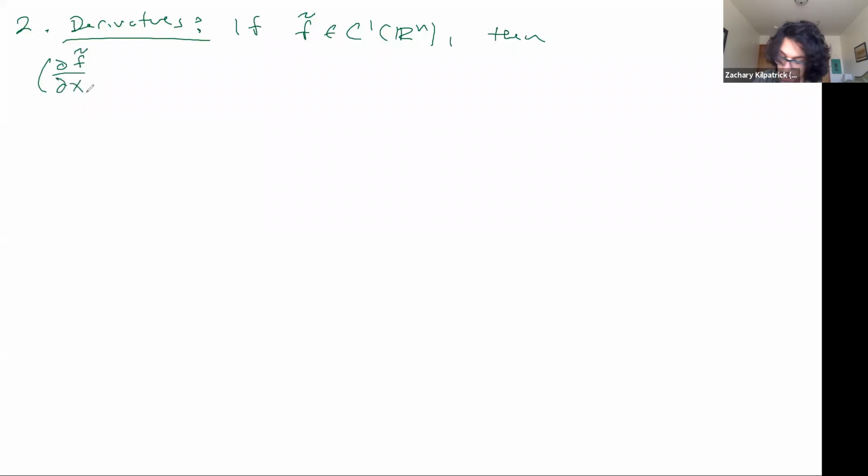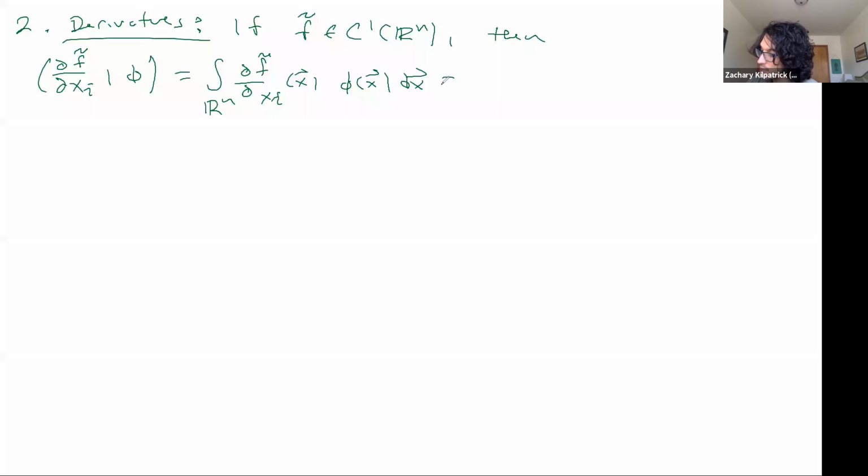Then d f tilde dx_i of phi is going to be equal to the integral over R^n of d f tilde dx_i of x, phi of x dx. I can integrate by parts, right? And I can use the fact that test functions have to have compact support so that the boundary terms should vanish. And I'm going to get minus f tilde of x, d phi dx_i dx, integrated with respect to x there.